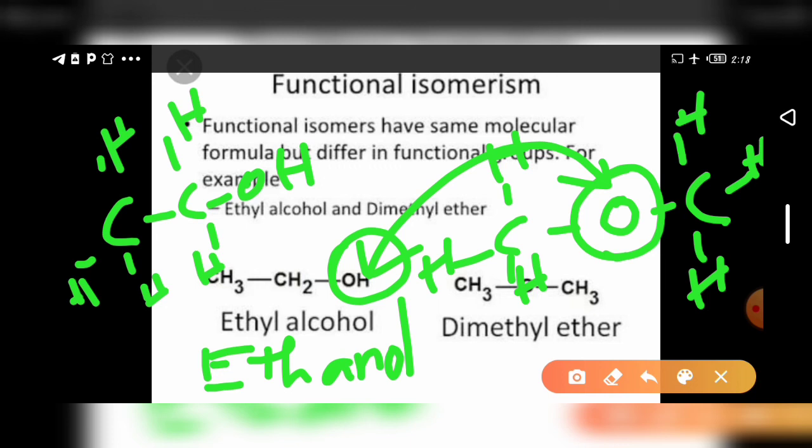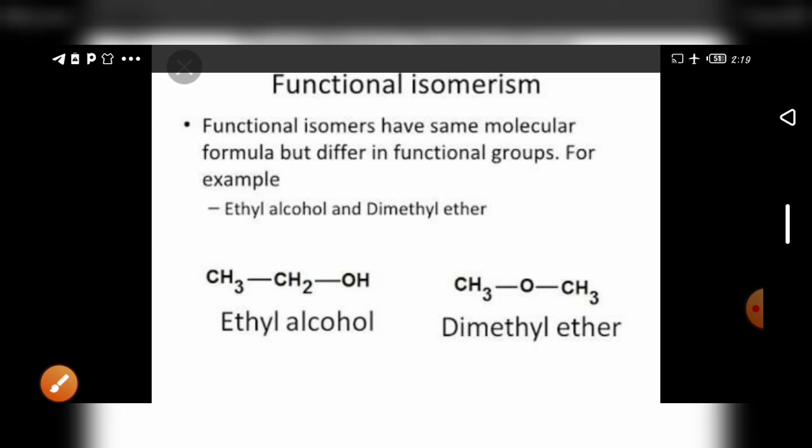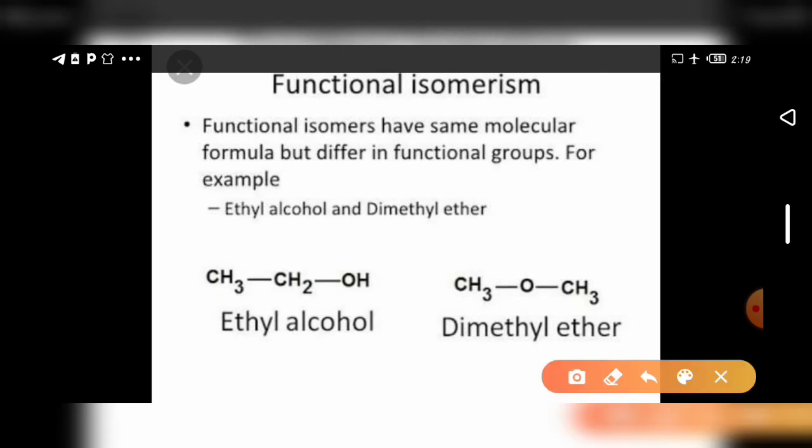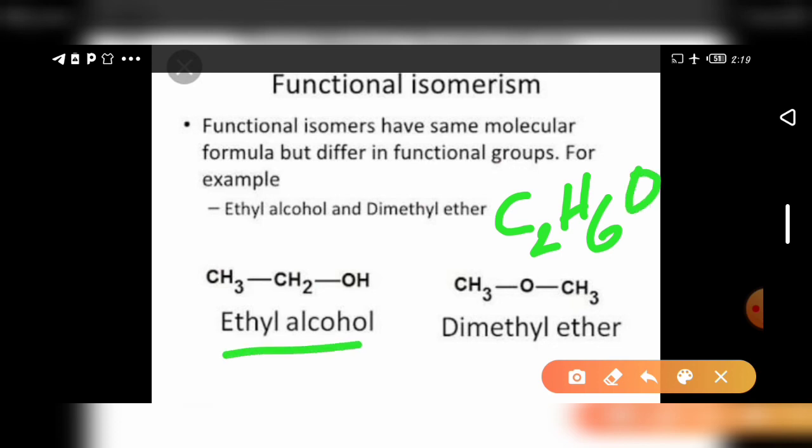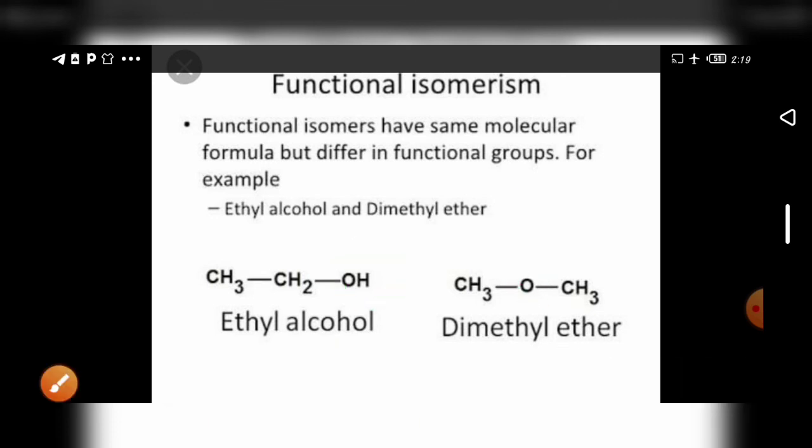See here, how many carbons? 2 carbons. So the formula is C2, H1 2 3 4 5 6, so H is 6 and O, C2H6O. The formula of this compound is C2H6O, but it has different structural formulas; that is known as functional isomerism. The functional group varies, so functional isomerism.